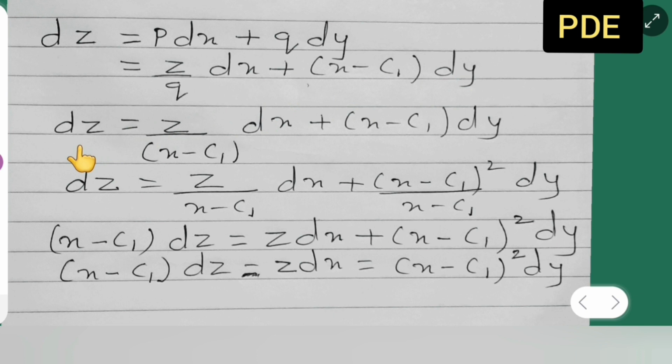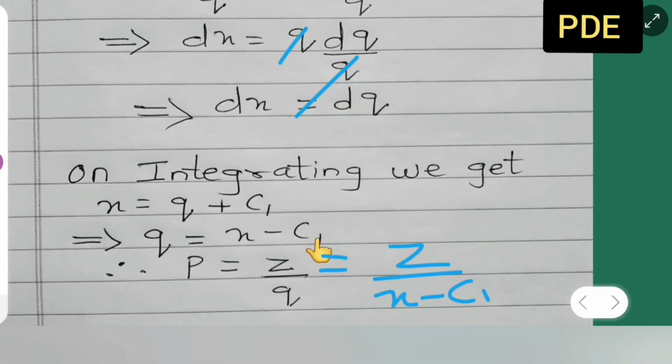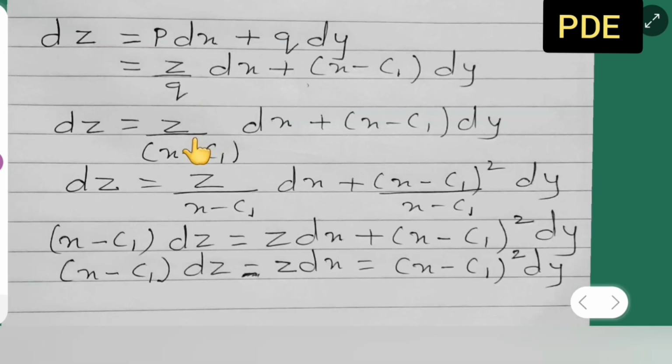So now dz is equal to what? Z upon, what is this q? The value of p, z upon this it was, right? X minus c1, okay, z upon x minus c1 dx plus x minus c1 into dy, write it as it is. Now dz is equal to, this part will write it as it is, z upon x minus c1 dx plus, what I'll have to do?